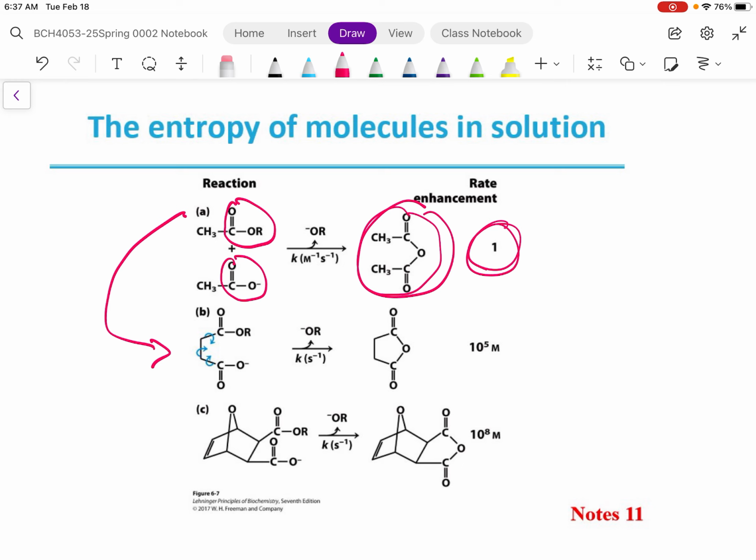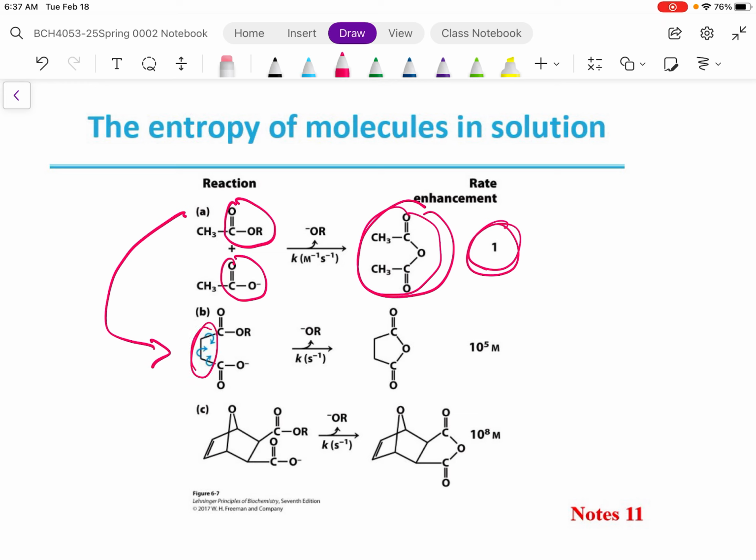Yeah. So when you go from panel A, you have lots of entropy. Why? Because those 2 molecules are free to just move around. But then when you look at panel B, what has happened to those 2 functional groups? They're tethered together. And so yes, there's still entropy. You can never get rid of entropy, and there's a lot of entropy around those single bonds.